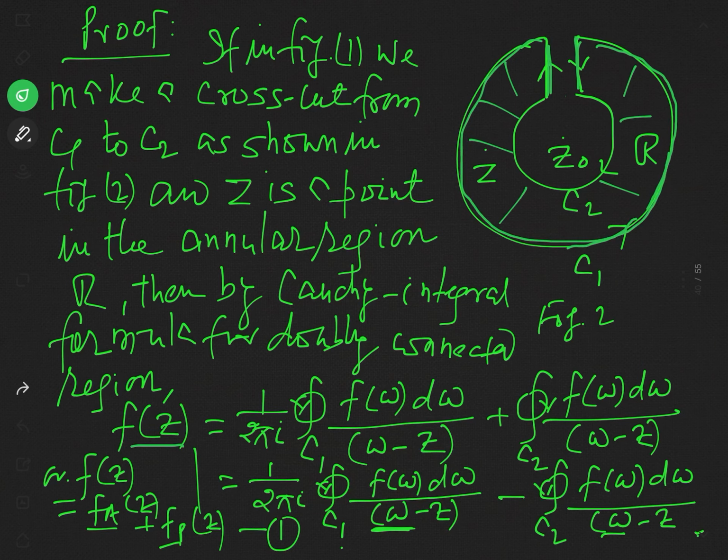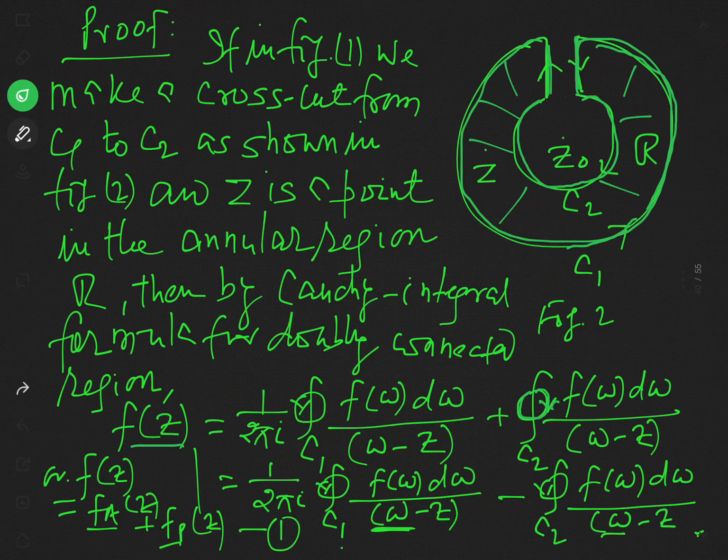And when we go to the circle C2 through this cross cut, the circle C2 is traversed in clockwise sense, so I have shown the arrow in clockwise sense on the second integral.